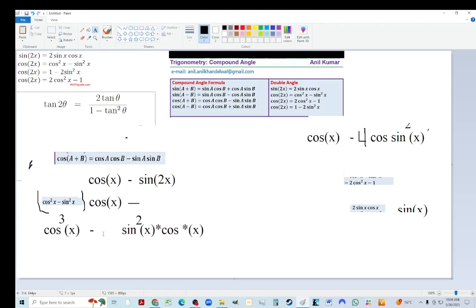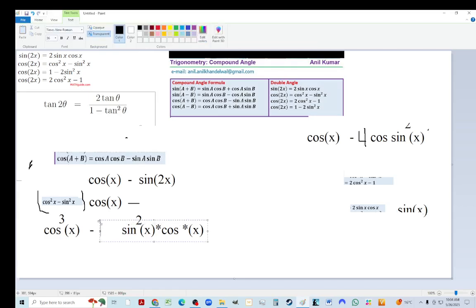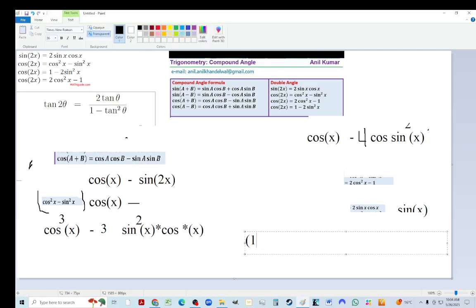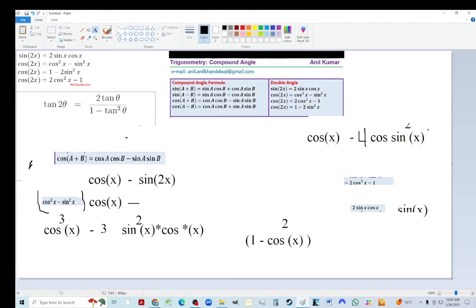Now notice that if I wanted to, and same with the last one, I could convert everything to cos, because sine squared x is equal to 1 minus cos squared x. So it's likely that your teacher wants it converted all to cos. That means this little part here can be replaced with this part here. So minus 3 times that times cos.